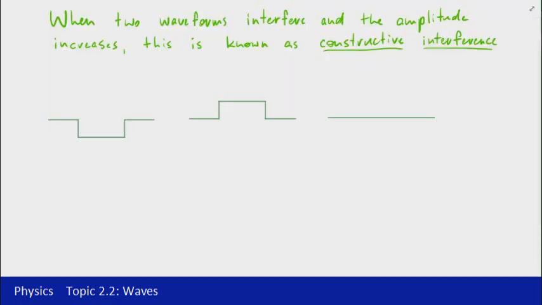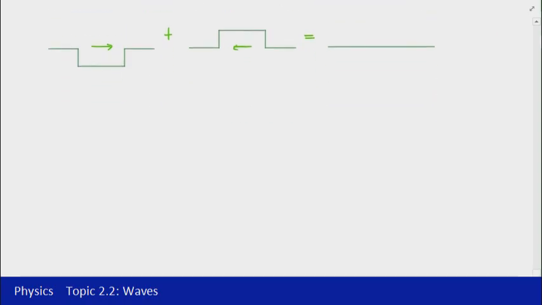So to quickly summarise, if we have that waveform on the left that's moving to the right and the one on the right moving to the left, and if they're added together when they've completely overlapped, we're going to see the result will be the graph on the right there, where there's no amplitude, so it's cancelled each other out entirely.